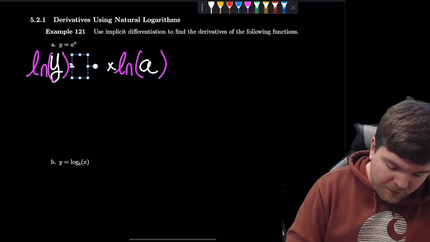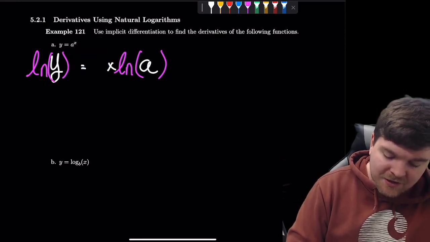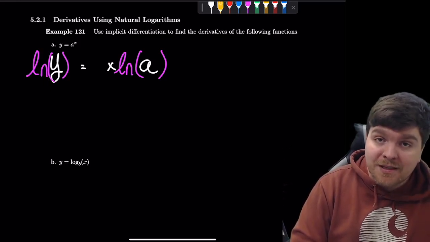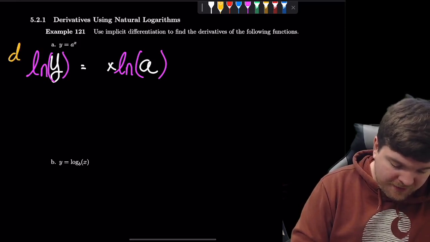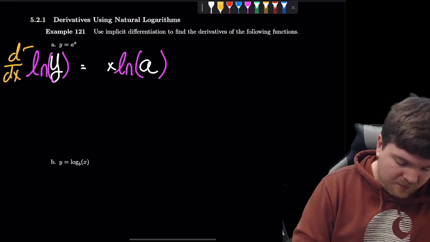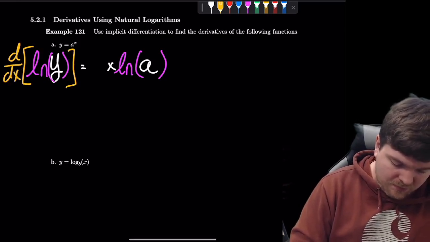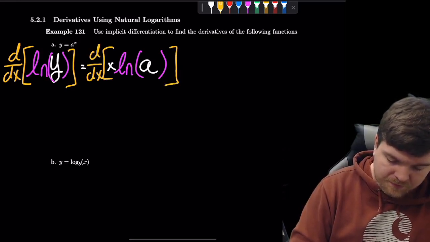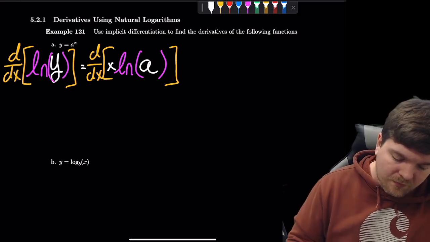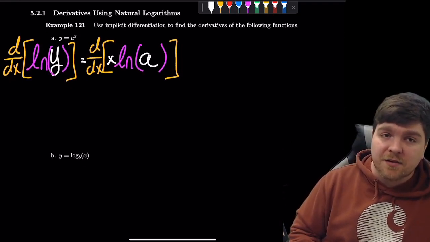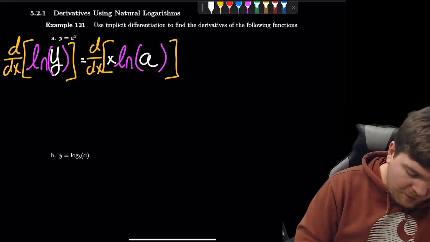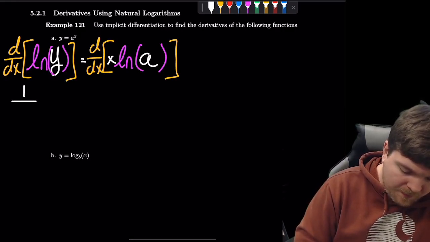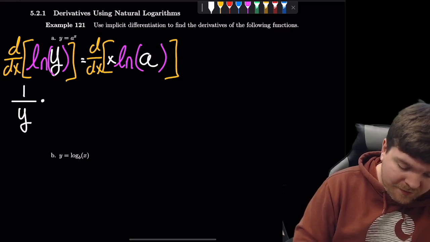Now we can actually apply this technique that we've been discussing. We can implicitly differentiate both sides of this equation. As far as the left side is concerned, the derivative of the natural log of y is going to be 1 over y times the derivative of y.